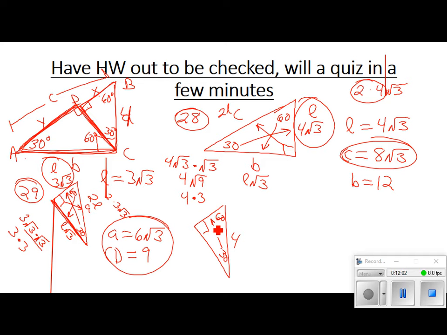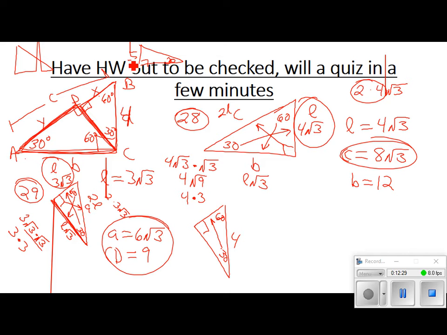All right, so look, all you're doing, side across from the 30-degree angle every time. If I tell you the side across from the, let's draw this right here real quick. Side across from the 30-degree angle, if I tell you it's 5, all right? When we look at this pattern, if this side is 5, the hypotenuse has to be double that in every 30, 60, 90 triangle.